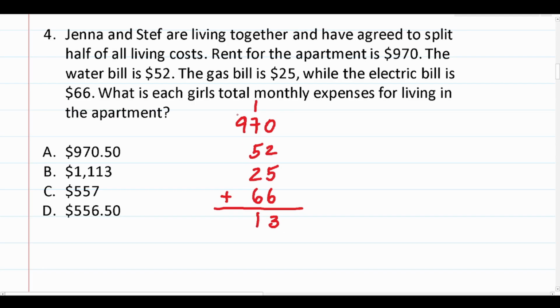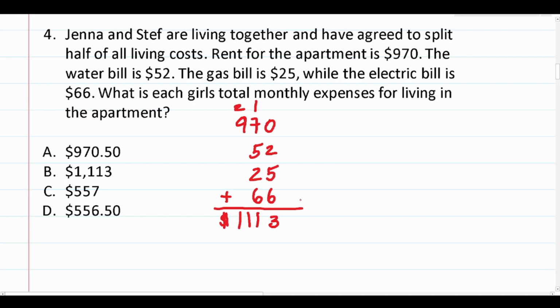So we're going to drop down a 1 and carry a 2. 9 plus 2 is 9, 10, 11. So in total, they spend $1,113 for their monthly expenses.